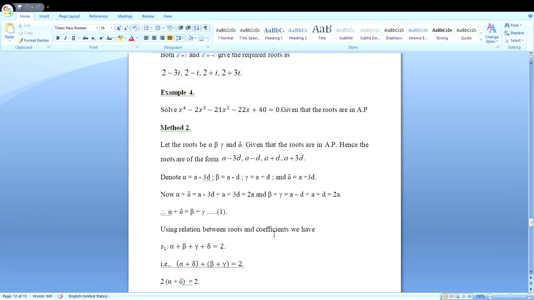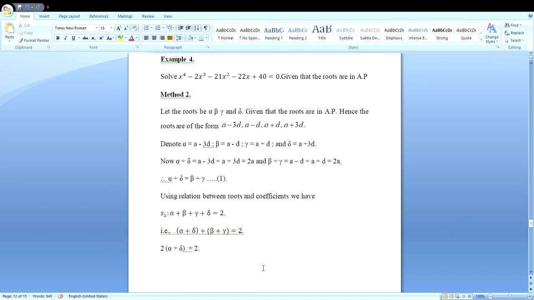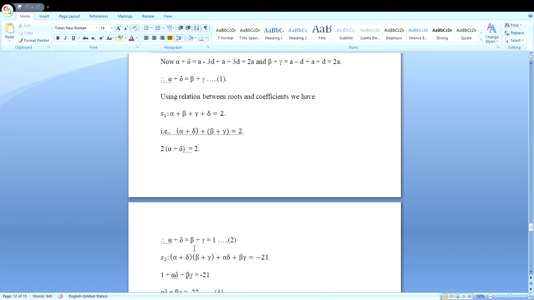Using the relation between roots and coefficients, we have S1, alpha plus beta plus gamma plus delta equal to 2. Rearranging, we can write alpha plus delta plus beta plus gamma equal to 2. Since alpha plus delta is beta plus gamma, we can write twice alpha plus delta is 2. Therefore, we have alpha plus delta as 1 and beta plus gamma is also 1.